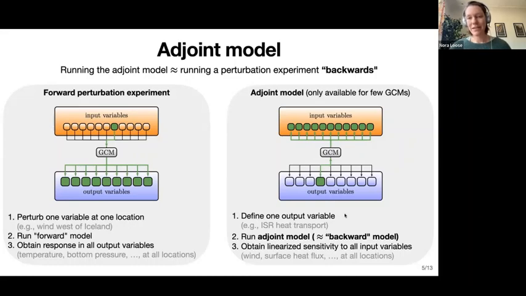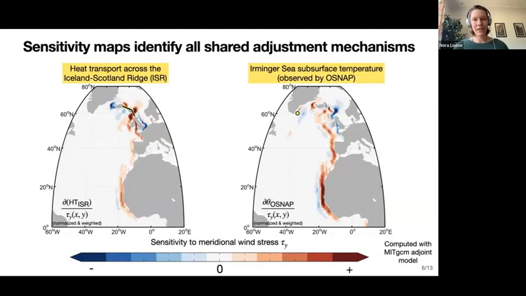So I've run the Adjoint model twice, once for Iceland-Scotland Ridge heat transport and once for subsurface temperature in the Irminger Sea. And these two figures show the result. These figures show the sensitivity of heat transport across the Iceland-Scotland Ridge and Irminger Sea subsurface temperature to meridional wind stress.